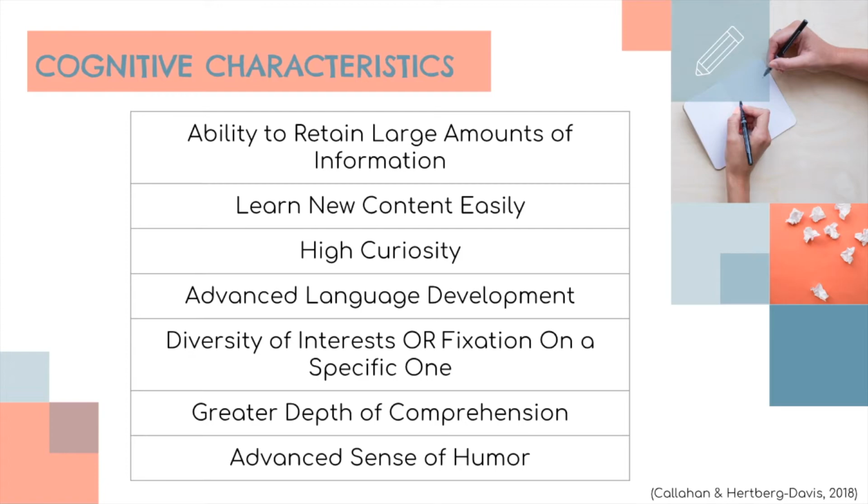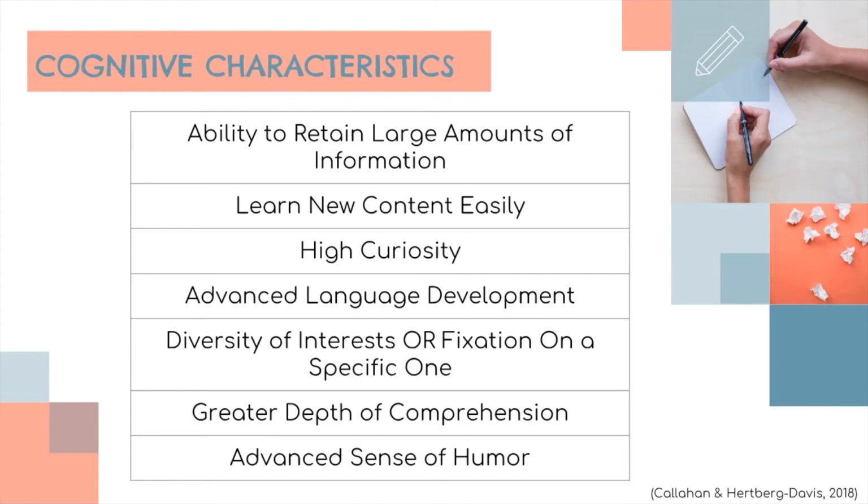In terms of cognitive characteristics, which is the most common set of characteristics that are addressed when it comes to gifted students, I used the book Fundamentals of Gifted Education, Considering Multiple Perspectives, because I believe it gives a pretty thorough view of some of the cognitive aspects of giftedness. First and foremost, a gifted individual has an ability to retain large amounts of information.